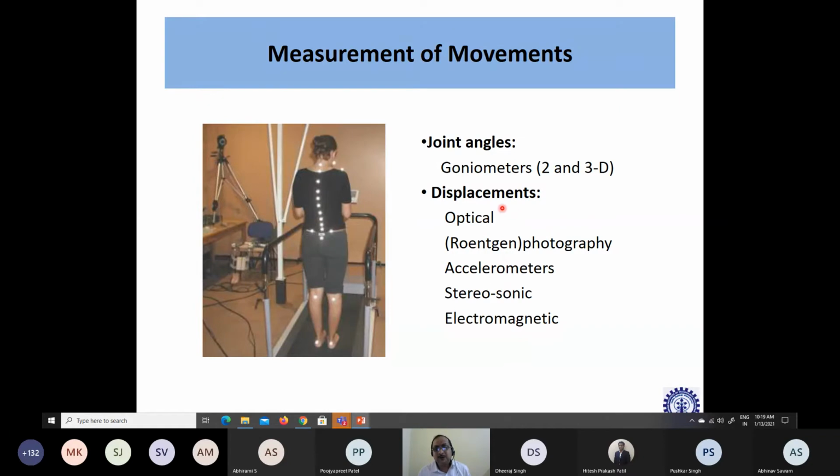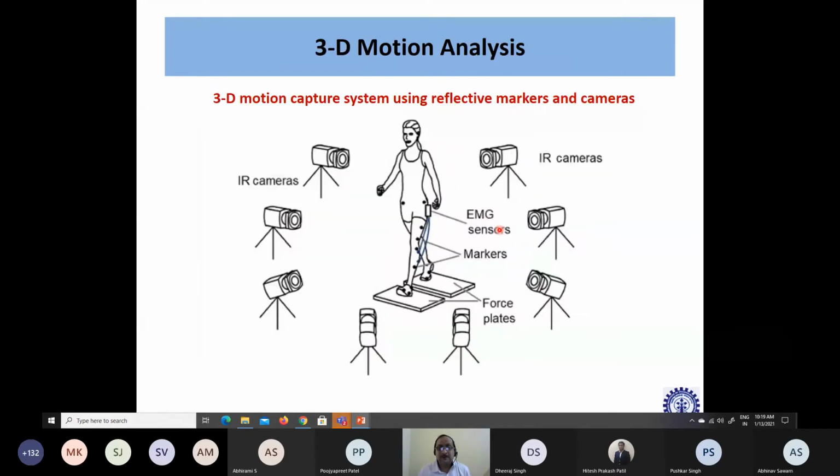The very important method that stayed and is still being used, of course with minor modifications with advancement of imaging techniques as well as computational power, is optical methods, which have established themselves all over the world for measurement of movements.